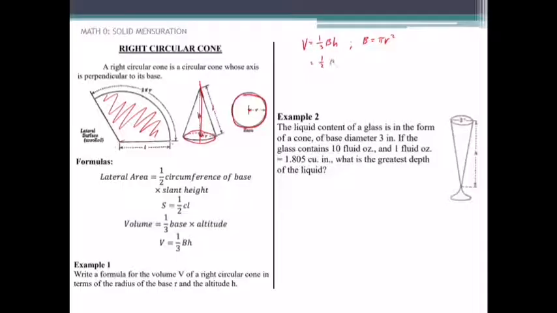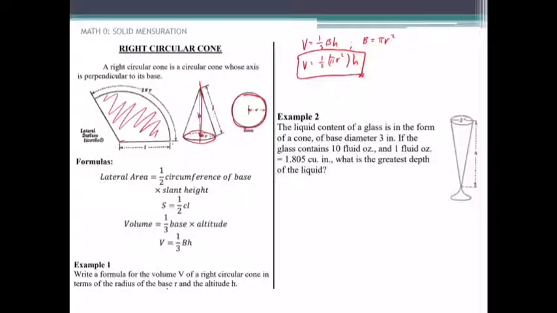So pi r squared times height. That is what the problem is asking for. If you are given the value of the height and the radius of the base, you can solve it using this formula.